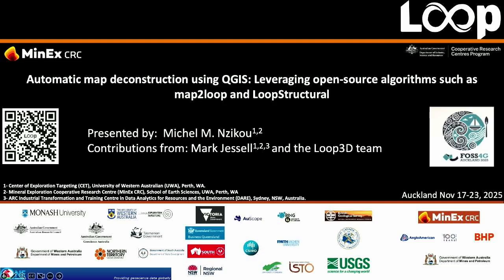Thank you for the opportunity to share this again at FOSS4G this year. It's basically trying to use some of the algorithms that exist in the field of geophysics and geology to make better 3D models for Earth subsurface exploration.